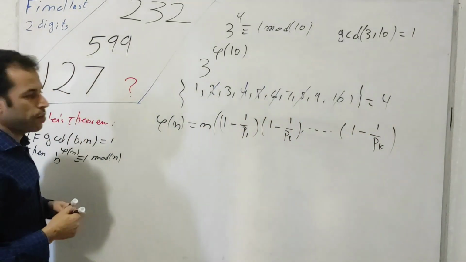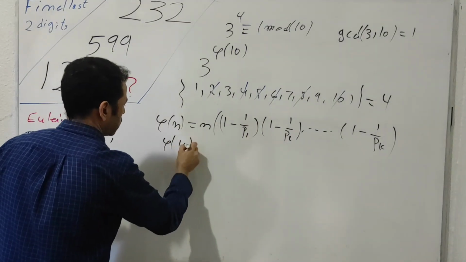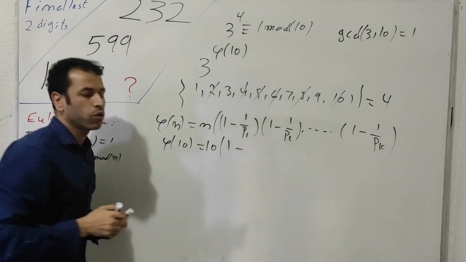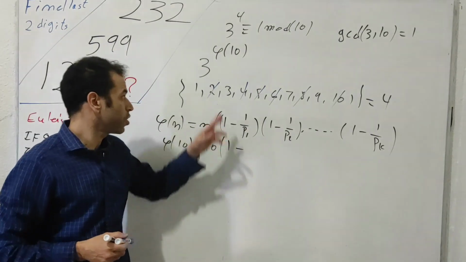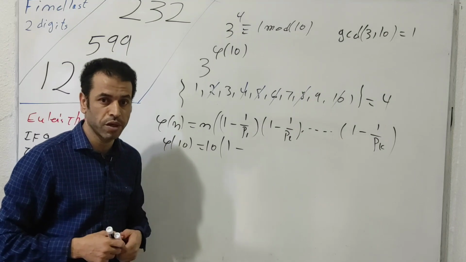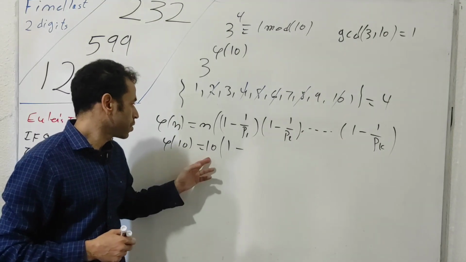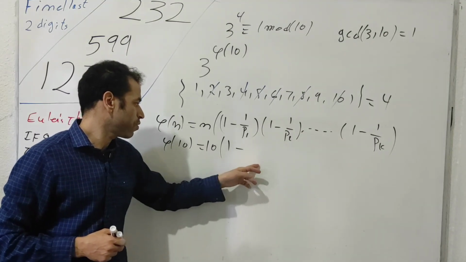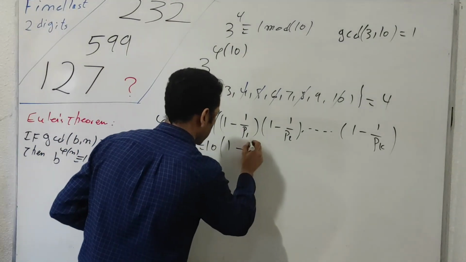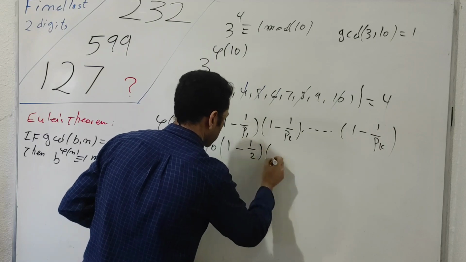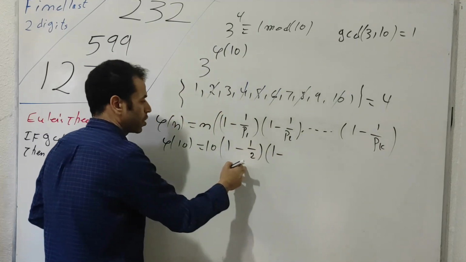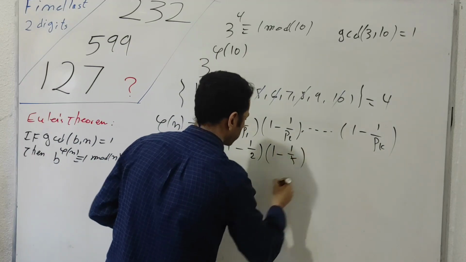So for our example, phi of 10, n is 10. Now I'm going to look for the prime factors of number 10. We have only two prime factors, 2 and 5, because 10 divided by 2 gives us 5, and 10 divided by 5 gives us 2. So we'll have 10 multiplied by 1 minus 1 over 2, times 1 minus 1 over 5.